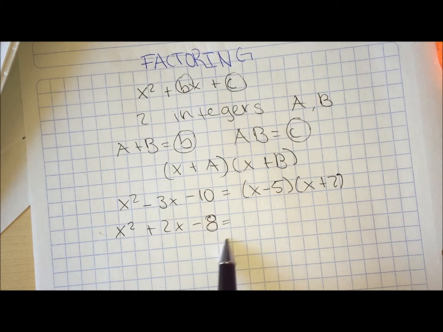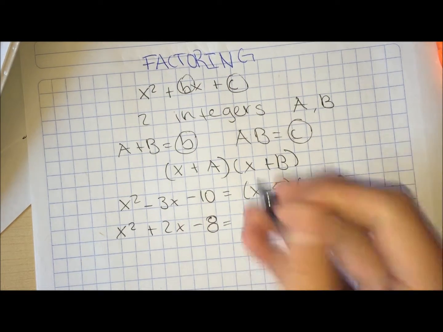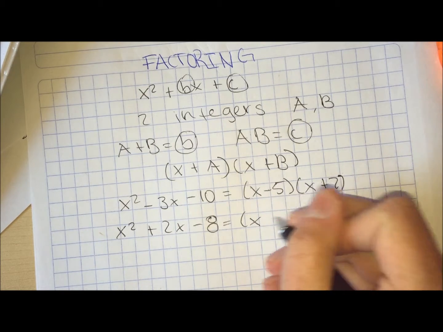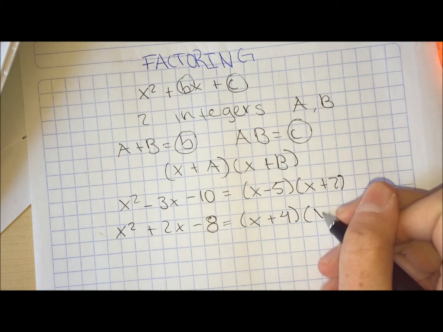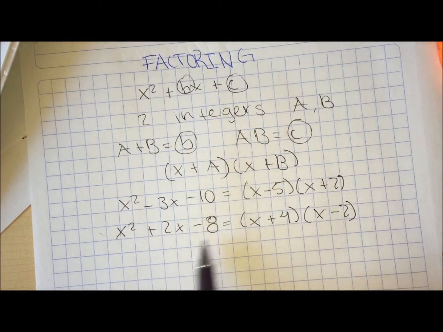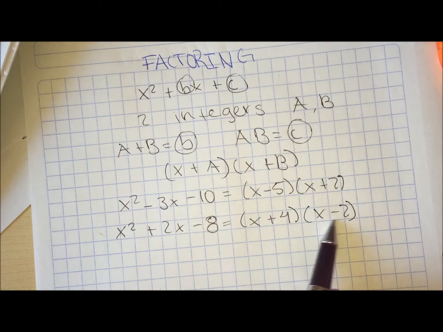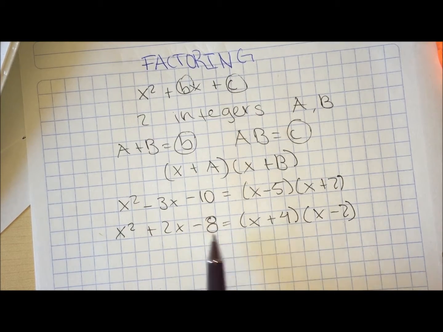The one that is going to be negative is the 2, because 4 minus 2 is 2. So we write (x plus 4)(x minus 2). 4 minus 2 gives us 2x, and 4 times minus 2 gives us minus 8.